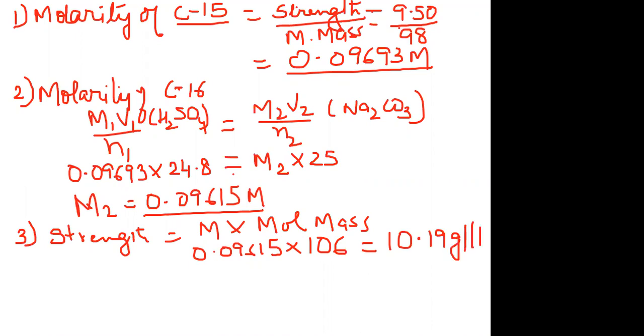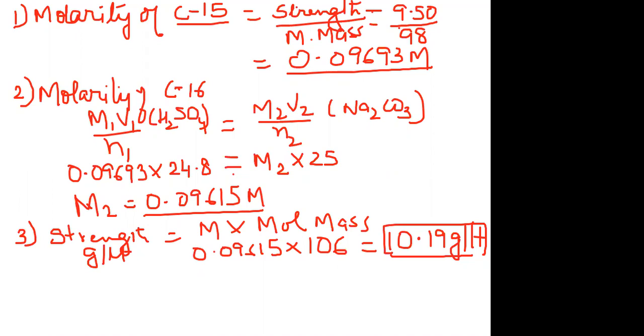Now please remember this answer, the actual strength of sodium carbonate is 10.19 grams per liter. But in the question, the amount of sodium carbonate that was given was 10.55 grams. If you look into the question again, you will see that it is given 10.550 grams.